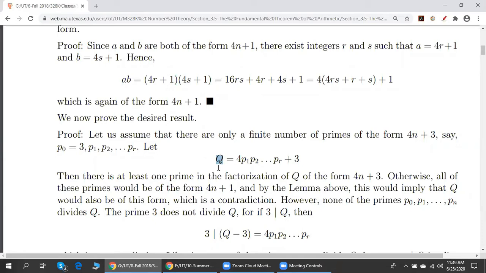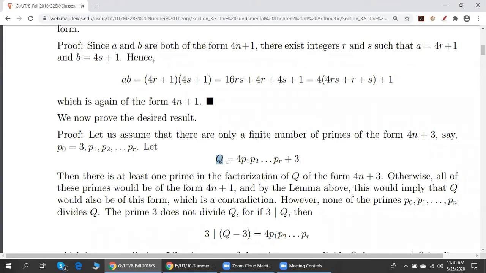Therefore, Q does not have an even factor, because if Q has an even factor, Q is even, but Q is odd. So, conclusion, any factor of Q is either of the form 4n plus 1 or of the form 4n plus 3.